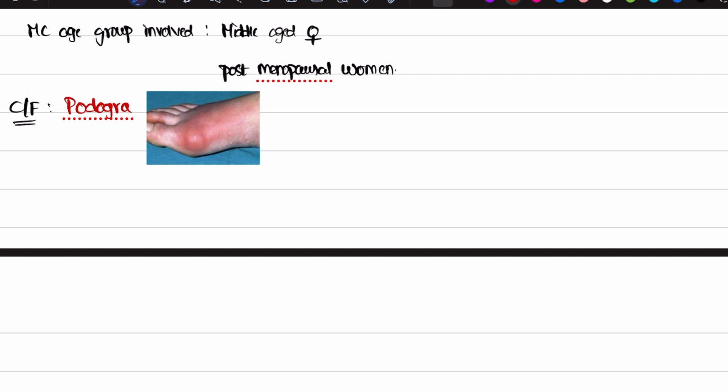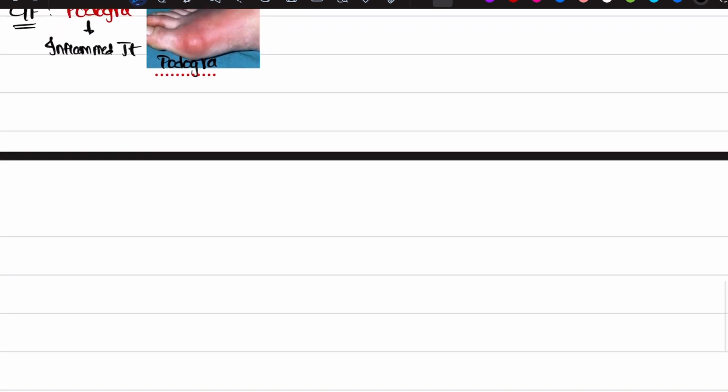So I'm going to write under the image, podagra. Try to remember this image. If an image question comes in the exam, don't miss this question. Okay, what does podagra mean? It is an inflamed joint.